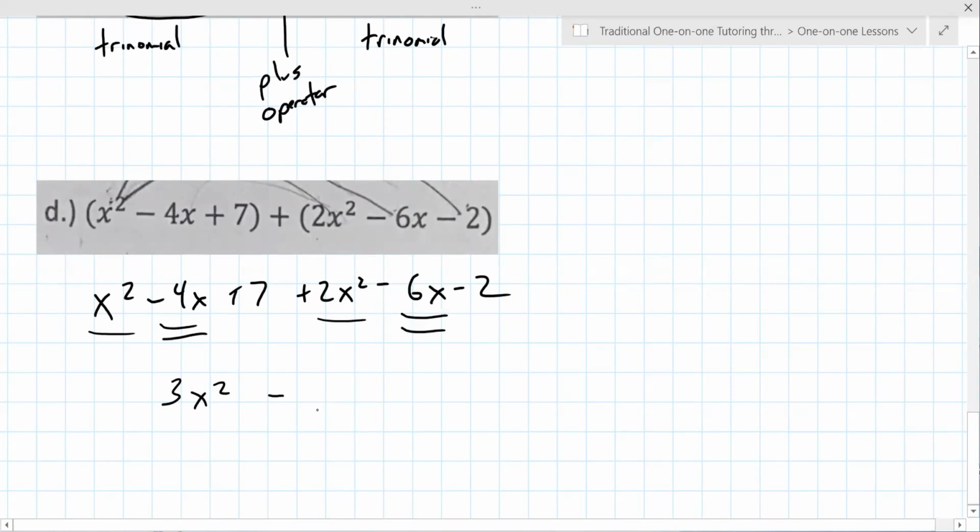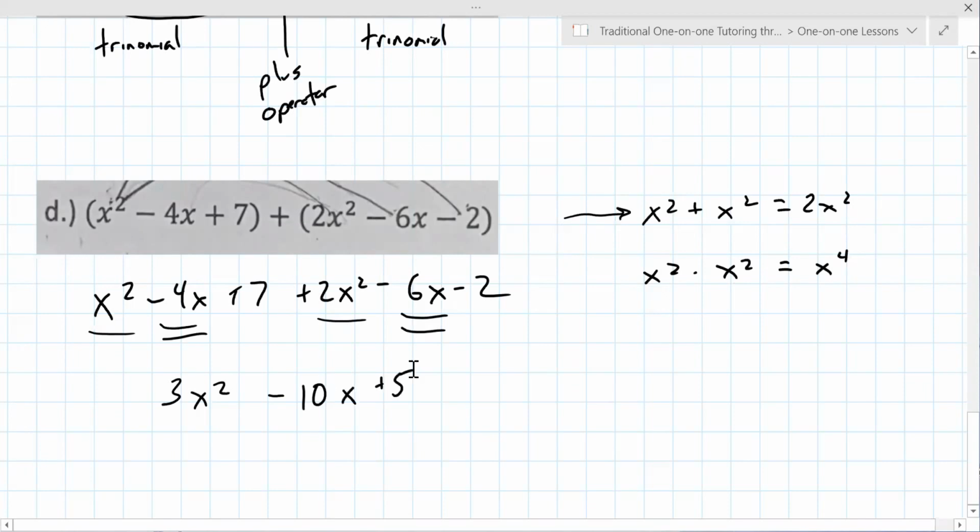Actually, wait. On this one, would the x squares become x to the fourth power? You're adding them. So when you add x squared plus x squared, that's 2x squared. X squared times x squared is x to the fourth. Which are you doing here? You're adding. Okay, so then 3x squared minus 10x plus 5.